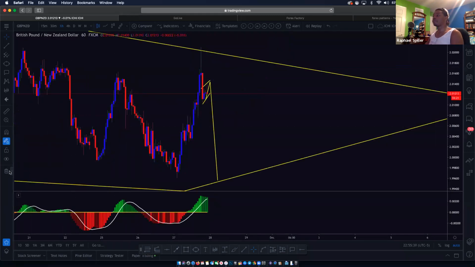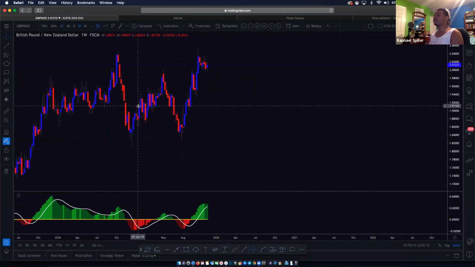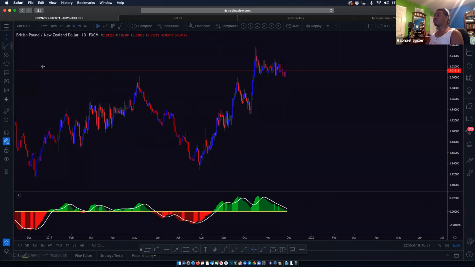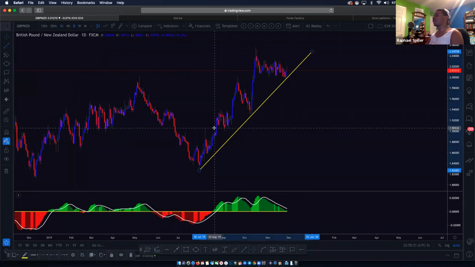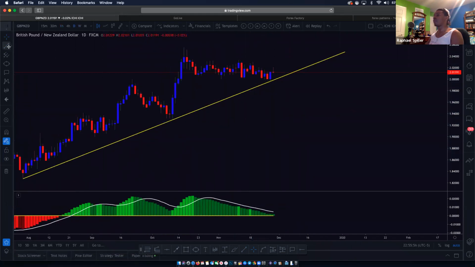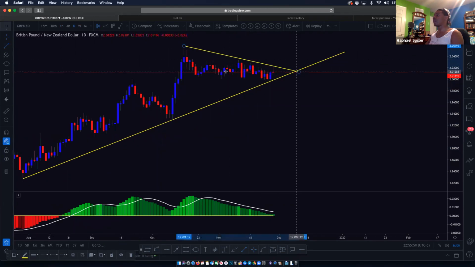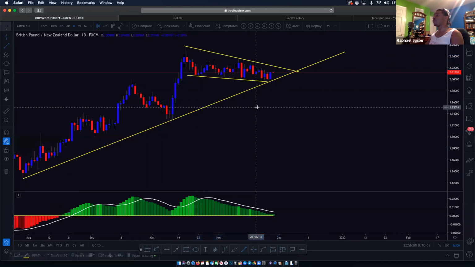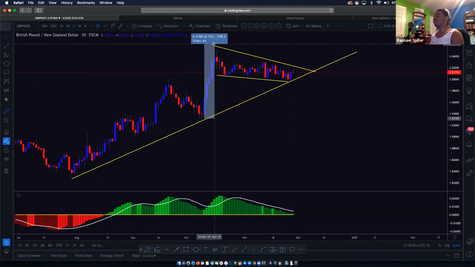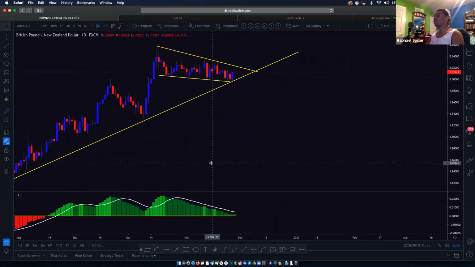GBP/NZD. All right, GBP/NZD, let's go ahead and do that. We're definitely in this uptrend. This is one I like right now, only because we're already at the trend line. So we might already get this buy at any moment. This huge bullish move right here, this 1,300 pip move, we could get at any moment.